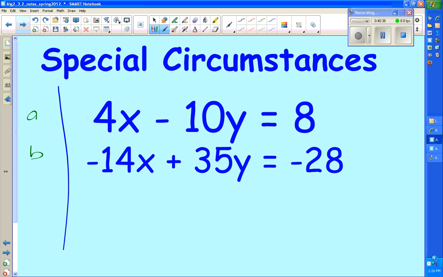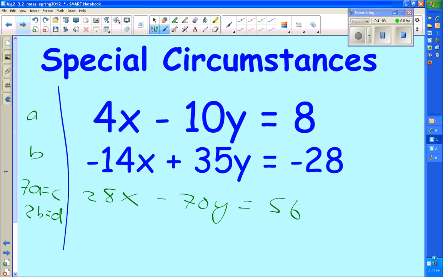What would you multiply the B equation by? 2. And you're going to get negative 28x, positive 70y, and negative 56. Watch what happens when we add these. C plus D. What do we get here? 0 plus 0 equals 0.